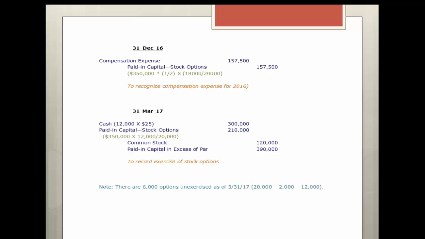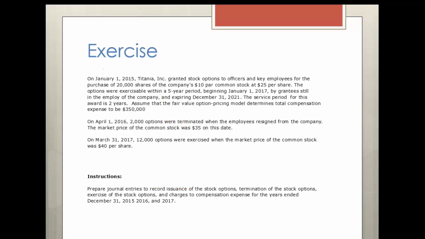So what we're looking at here is the $350,000 times a half, so it's $175,000, and then we are multiplying this by the factor of 18,000 divided by 20,000. Let's make sure we understand where that number is coming from.